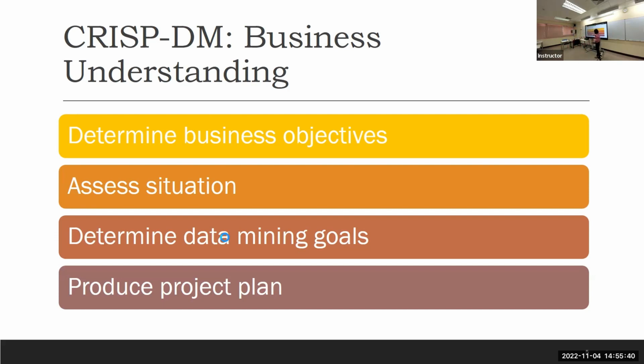Assess the situation, determining the goals of why do you want to use either data mining, either any kind of data science, data analytics tool or algorithm, machine learning, anything. Okay. What would be the goal that you apply those things to solve your business problem? And then make the plan.